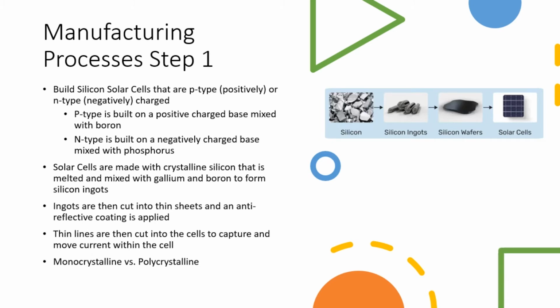Monocrystalline panels are formed from one silicon fragment, and it's just the entire panel, and thin lines are cut into it. Or the polycrystalline panels, they're formed from melting many silicon fragments together to make that big panel that is then cut into pieces.